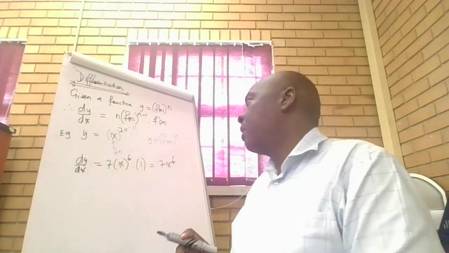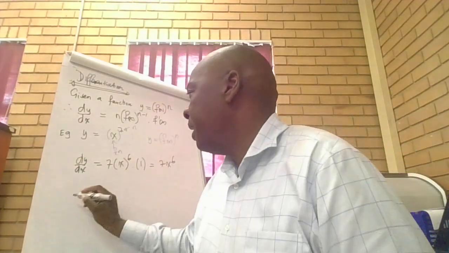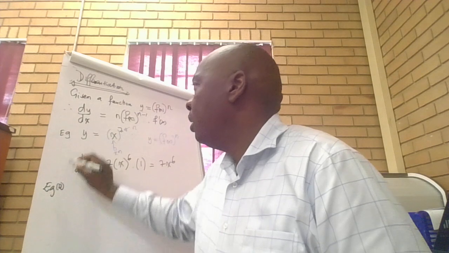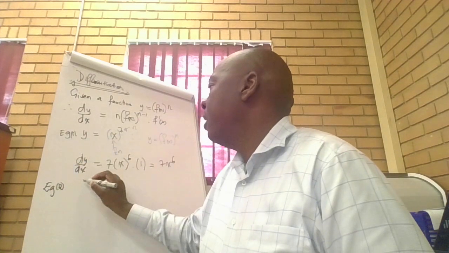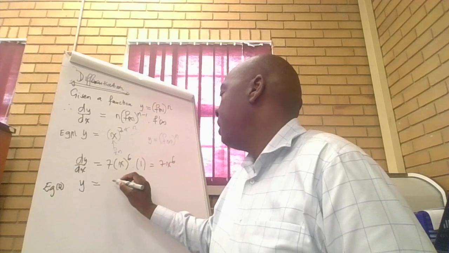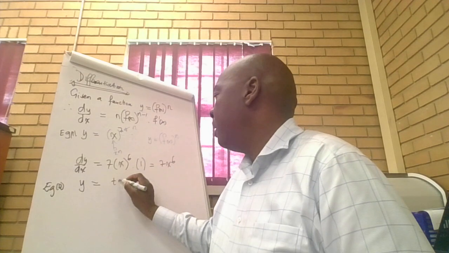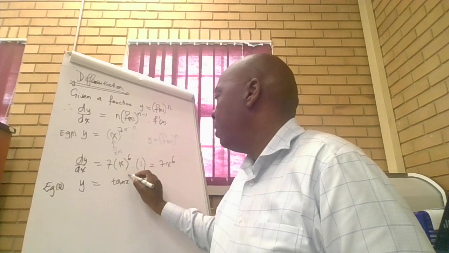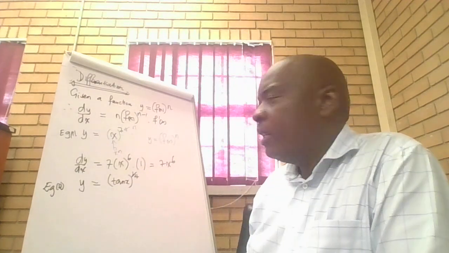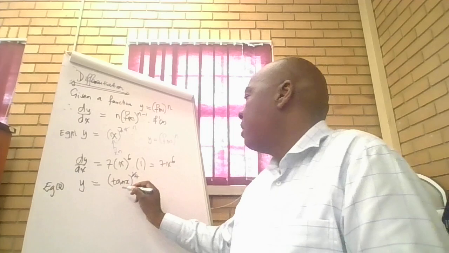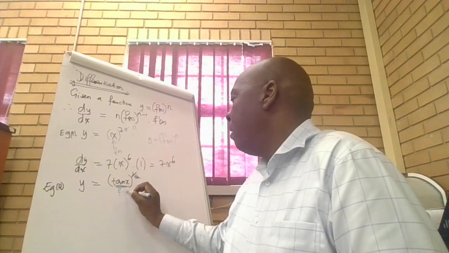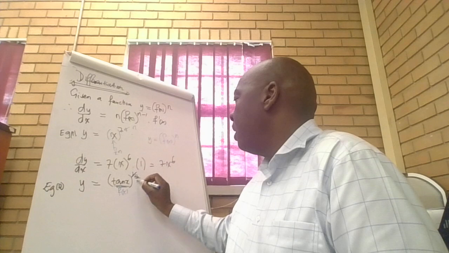Now, if we look at maybe another example, let's call this example 2. So that was 1. If you are given now a function, say for example, y is equal to tan x, and this is to the power 1 over 4. So we can see also that this is my f of x and this is my n.